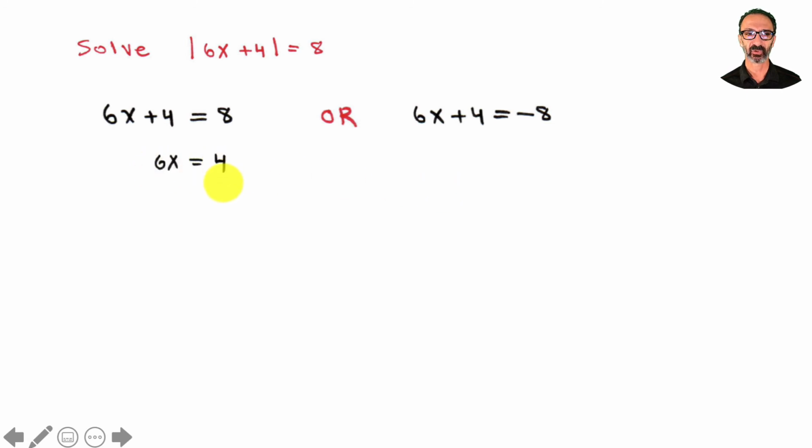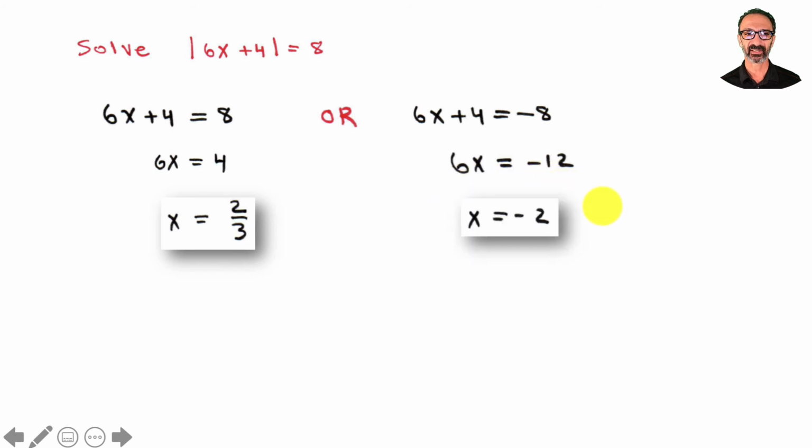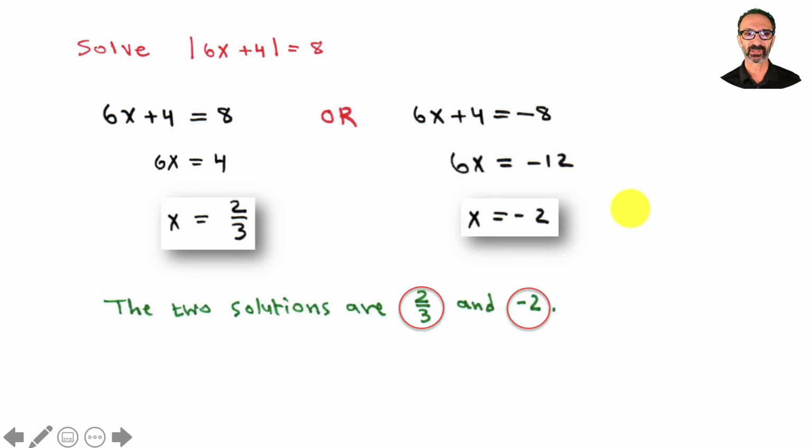I get 4 over 6, which simplifies to 2/3. On the right side, subtract 4 from both sides. This becomes -12. Divide by 6, divide by 6, and simplify that. I get x equals -2. So I have two answers, and that should do it. 2/3 and -2. Let's take another example.